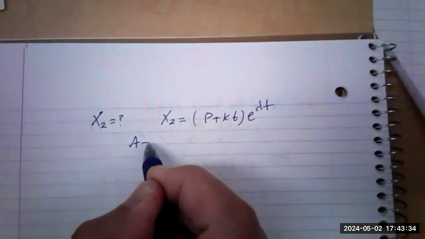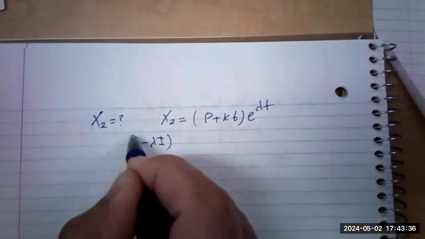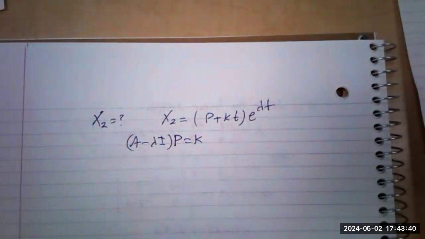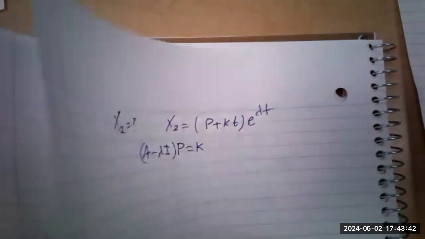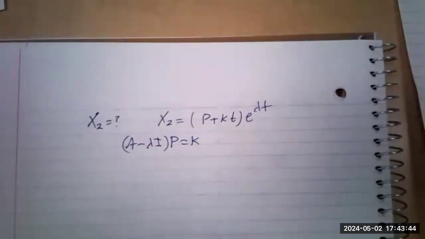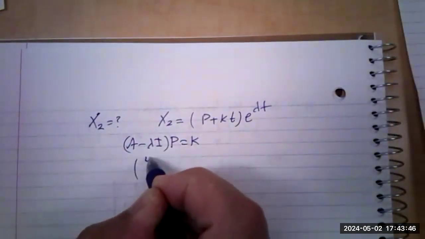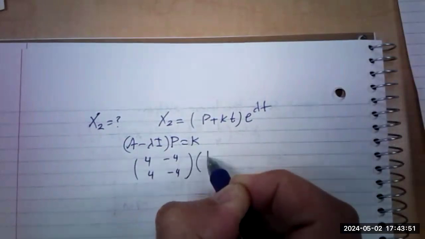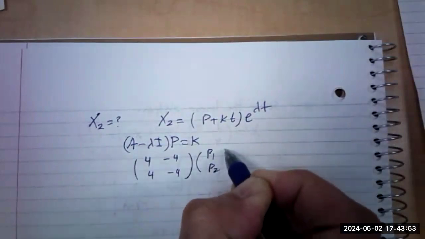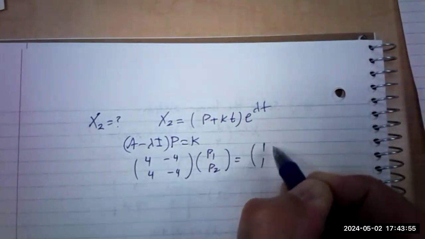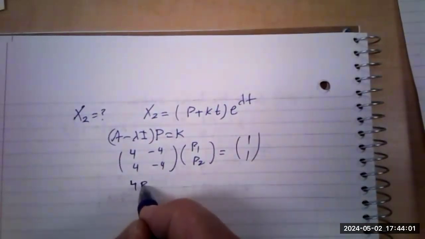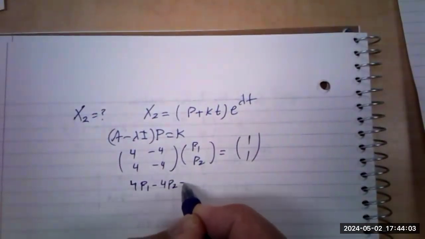So A minus lambda I times P equal to the K. A minus lambda I, we already found this one. This is just 4, -4, so it's going to be 4, -4, 4, -4. And we go with P1 and P2 equal to K, which is 1, 1. Again, dependent system, let's just get the first one. 4P1 minus 4P2 equal to 1.